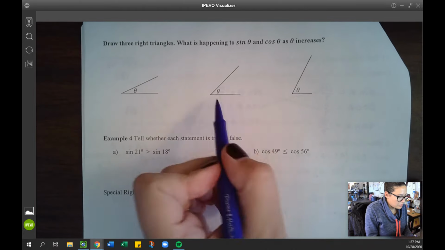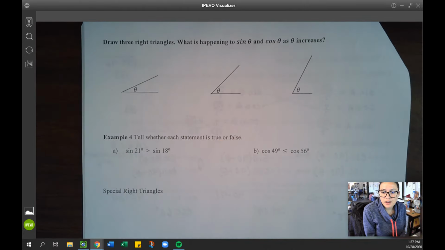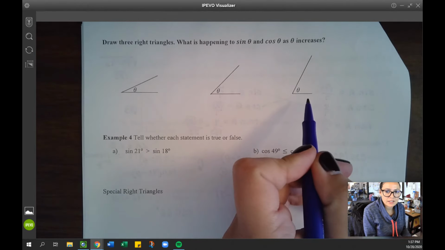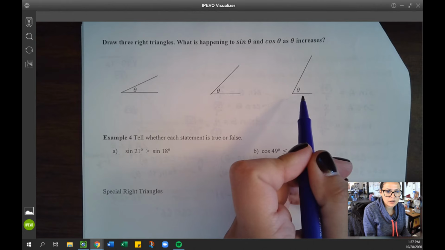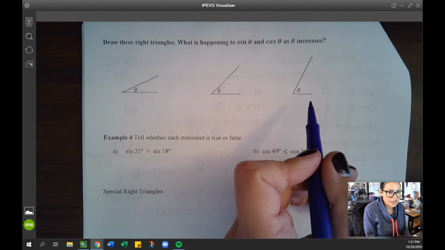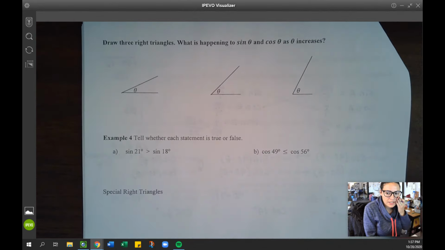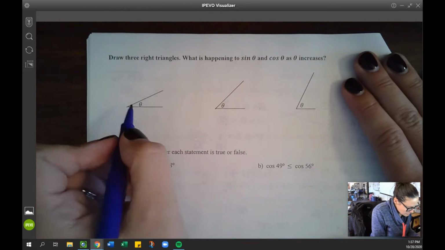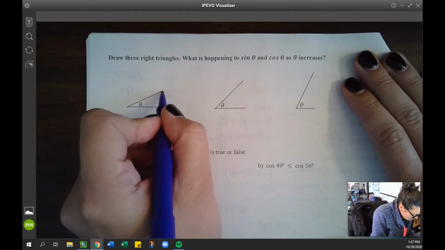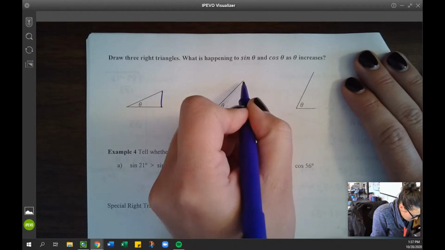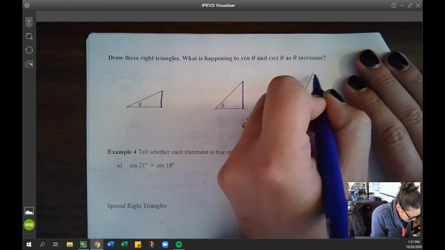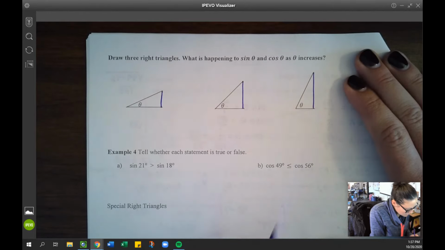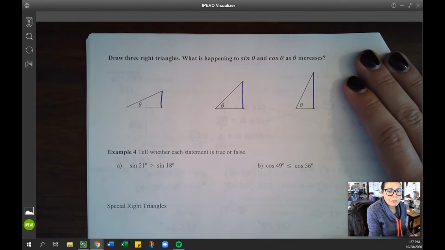here I have three angles that are increasing in measure. We have a small, medium, and bigger measure of theta. And we are going to turn these into triangles. So we're going to draw these lines straight down. Now, I want you to imagine that these are on the coordinate plane.